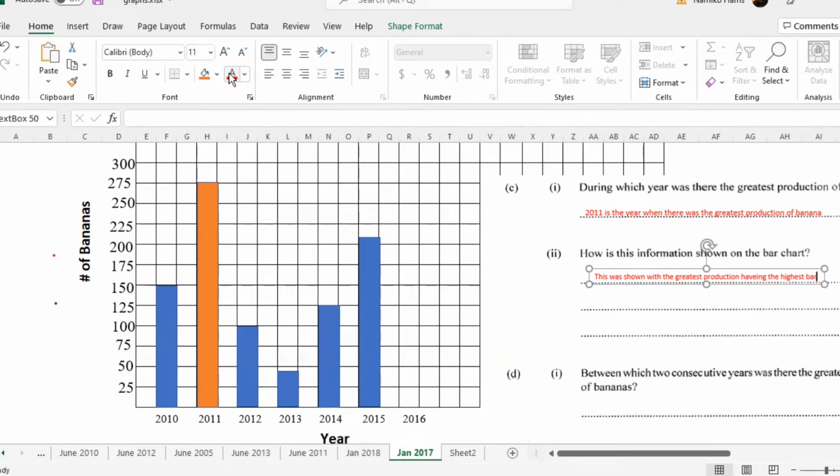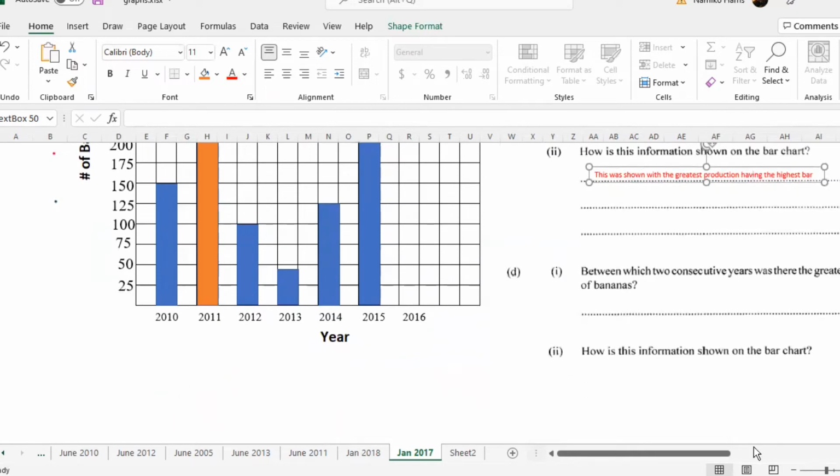So the year with the greatest production is shown by the highest bar on the chart. So this was shown with the greatest production having, this is HAVING, having the highest bar. So that is how we know. So this is shown on the bar chart with the highest bar. That's all you need to write and you will get your full marks.